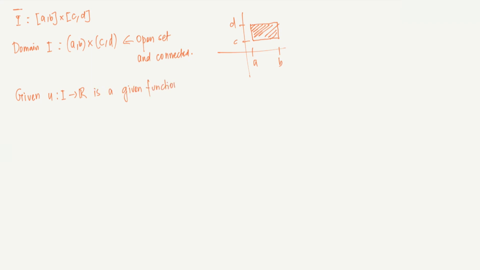Now I want to define the concept of continuity of u. Let's say x naught y naught is some point in I. Given x naught y naught in I, u is continuous at x naught y naught.